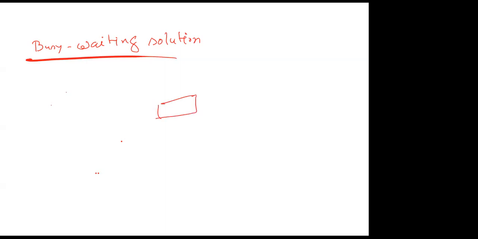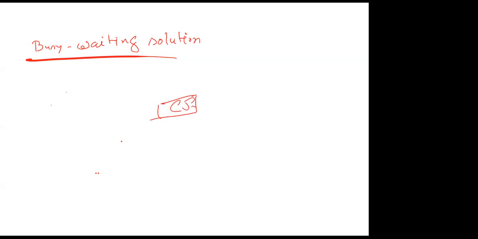What is this type of algorithm? This type of algorithm is a busy waiting solution. What is the busy waiting solution? Busy waiting solution means that it always executes whenever you schedule a process for entering the critical section.